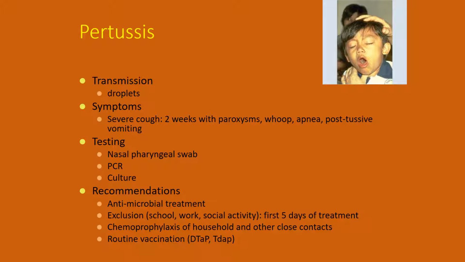There is PCR and culture available as well, depending on the severity of the illness and how sure that you want to be that this person has pertussis. So just keep an eye on your options, know what's available to you. Again, people that are hospitalized obviously get more specific and sensitive testing.